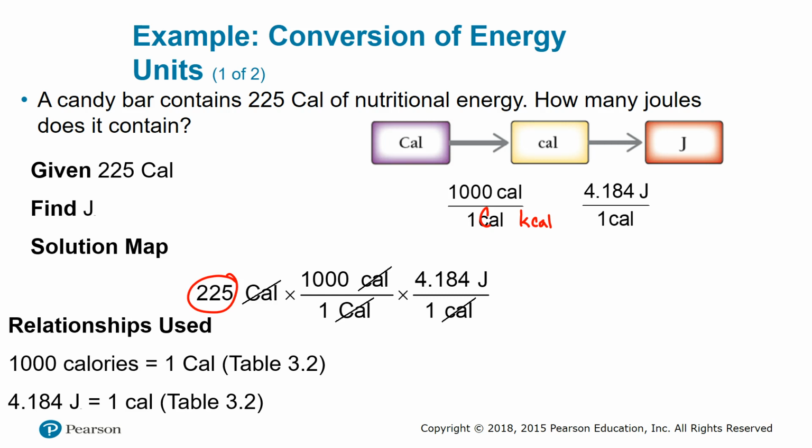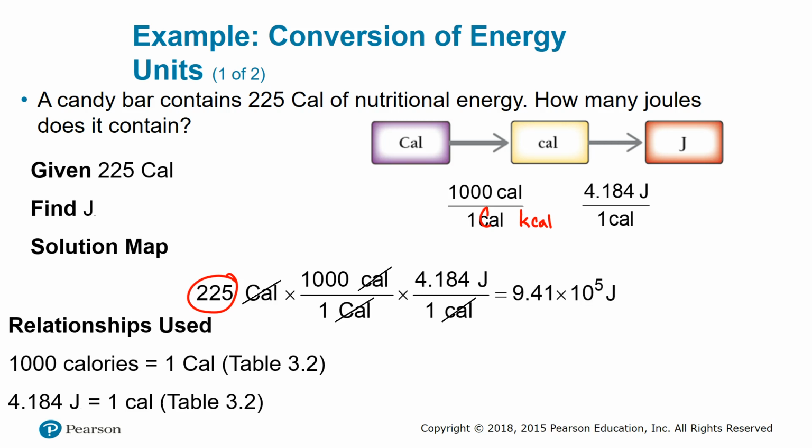We know it to an infinite number of decimal places, so it doesn't affect it. So the one that's going to drive my sig figs is my initial given, which means my answer has to have 3 sig figs. Most of the time, the given will drive your answer. The only problems where it doesn't are with density, and some calculations with change in temperature, where something else in the problem will.